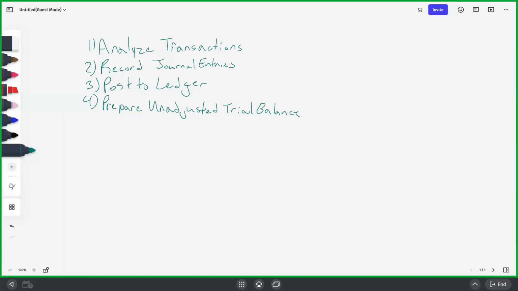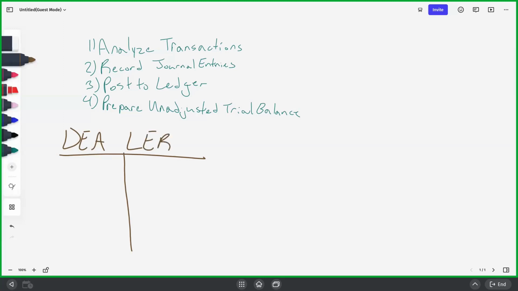Something to know, and one of my very loved resources I like to use is Dealer. We have our normal T chart here. Everything on the left increases with debits.